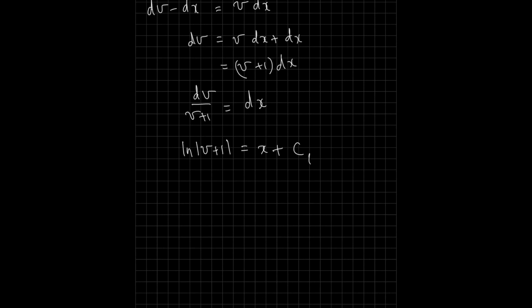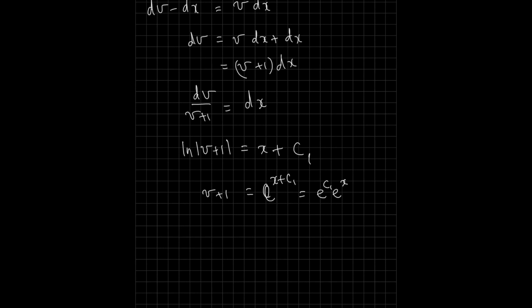And then let's replace, or before we do that, let's just do the exponentiation. So if we raise e to the expressions on both sides, we get |v plus 1| equals e to the x plus c1, equals e to the c1 times e to the x.